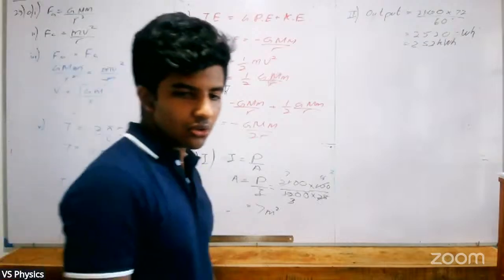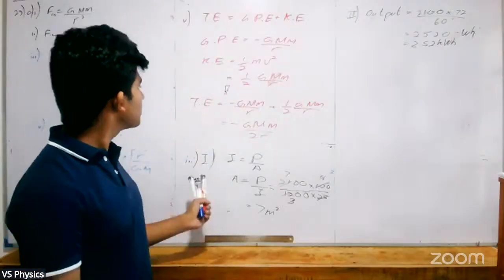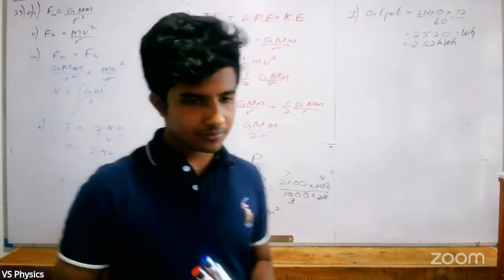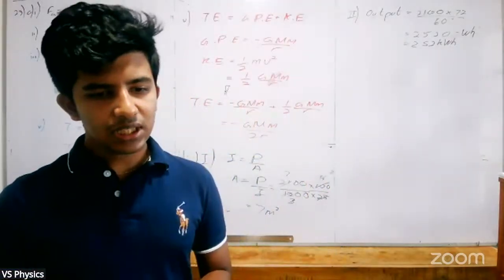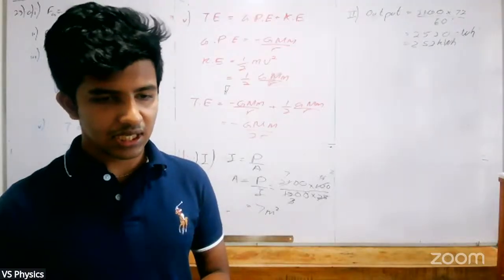The orbital radius of a low Earth orbit satellite is less than that of a geostationary satellite.